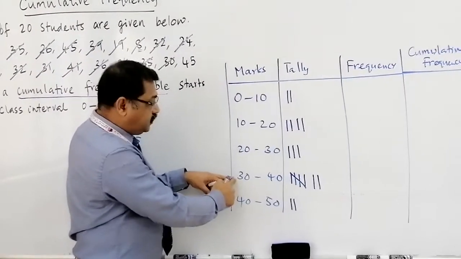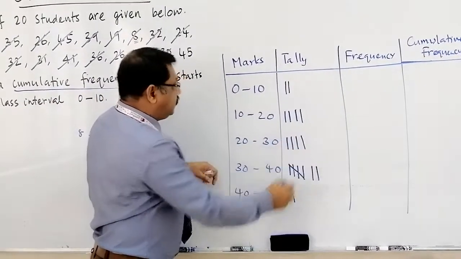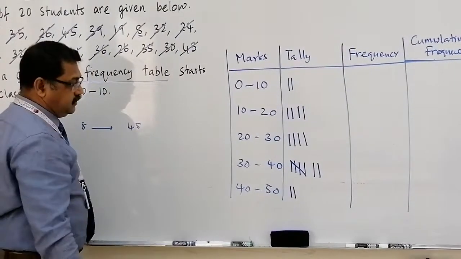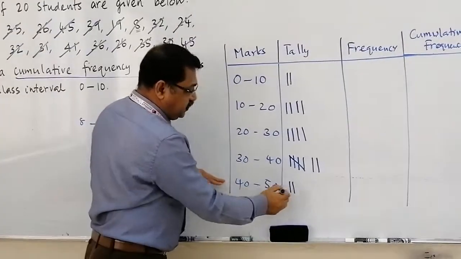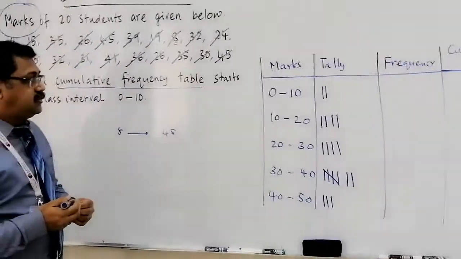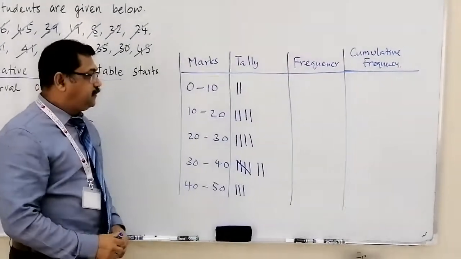As we discussed before, 30 should fall in the first interval. And the last one is 45, between 40 and 50.